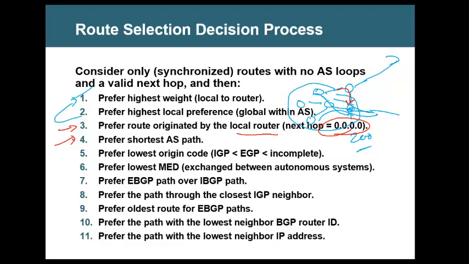You have a smaller number of AS hops. One path is showing you have 5 autonomous systems in between, the other path is showing 6 autonomous systems in between. Only when there is a tie in the above, it is going to select via this direction, because the hop count is less, shortest AS path.